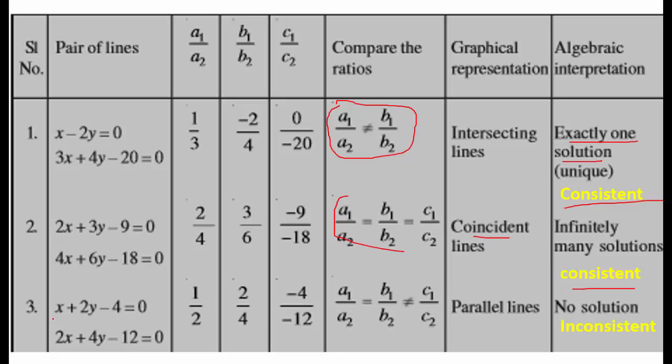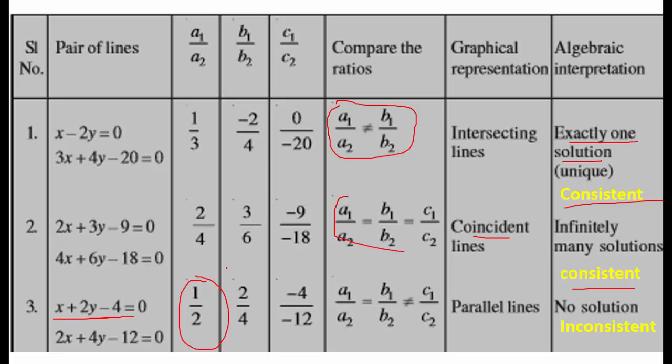Now consider these equations, x plus 2y minus 4 equals 0 and 2x plus 4y minus 12 equals 0. Again comparing the coefficients, we get a1 by a2 equals 1 by 2 and b1 by b2 equals 2 by 4, which is again 1 by 2, and minus 4 by minus 12 is c1 by c2, which equals 1 by 3.